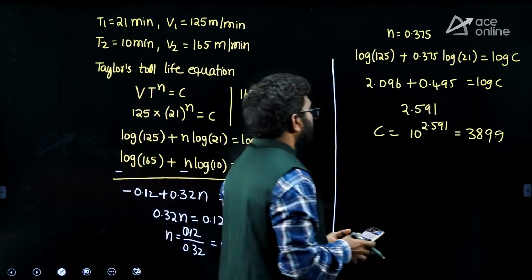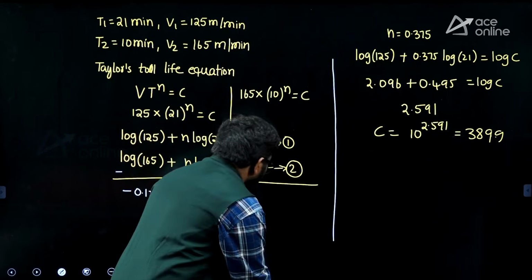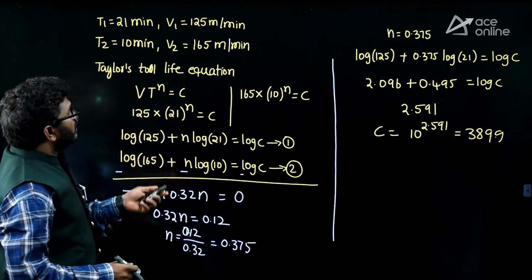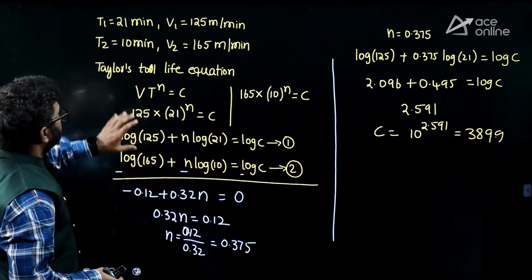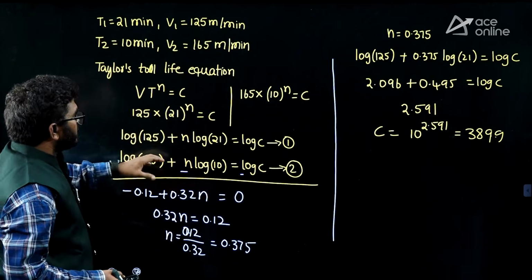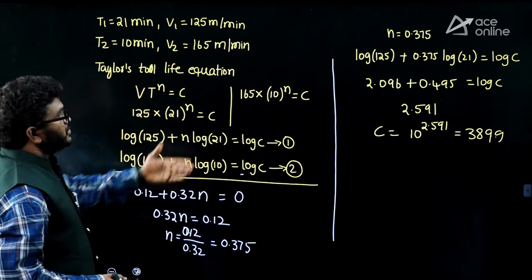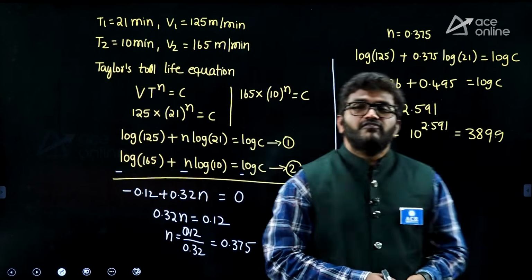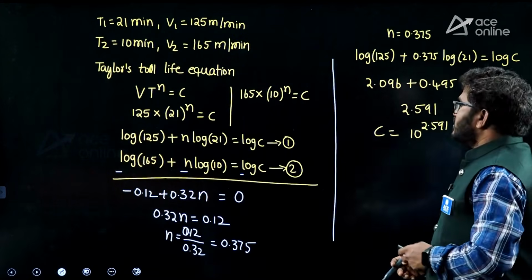So like that, the n value and C value can be obtained if you remember this equation and apply log on both sides. You get two equations, and by solving these two equations, you will get the final answer.